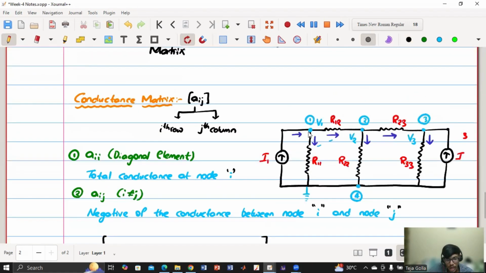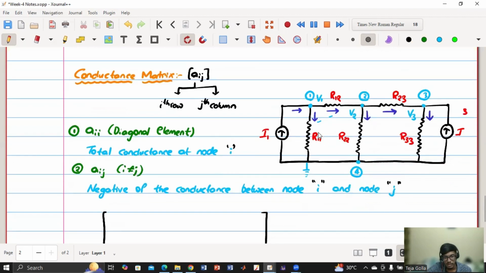So at node 1, what is the total conductance? Here we have one conductance, here we have one conductance, and here the conductance is 0 because resistance is infinite for this current source. So the total conductance is G11 plus G12. Agree? These two are connected to this node, right?